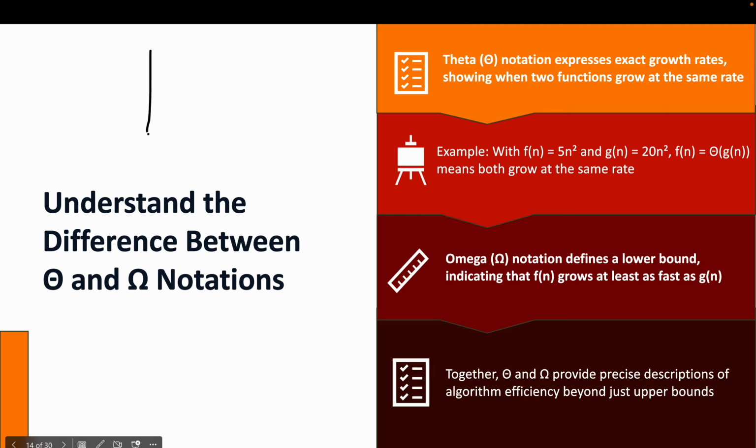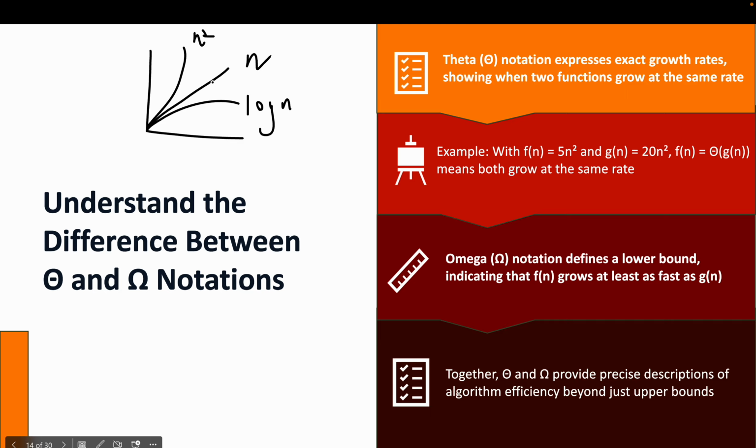For example, for a logarithmic function we have a diagram like this. It will be the logarithmic one, and n will be the linear one, and n squared will be like this.